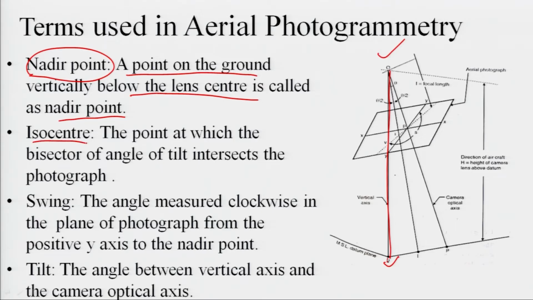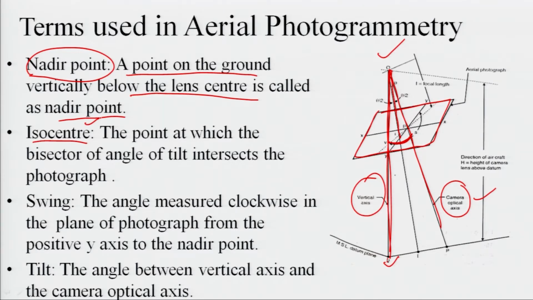Isocenter, it's an important definition. Now, this is a vertical axis, this is a tilted axis or camera axis or optical axis. The intersection point of the bisector of this angle, when it coincides in the plane of a photograph, is known as the isocenter.